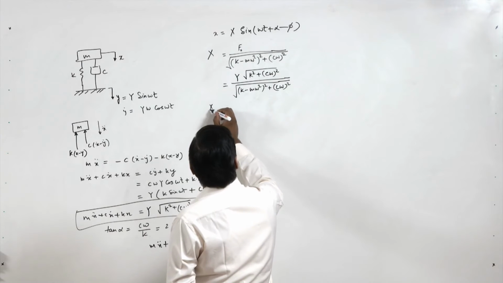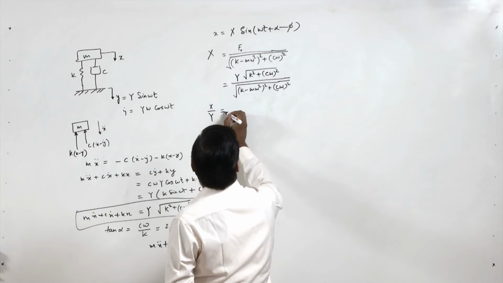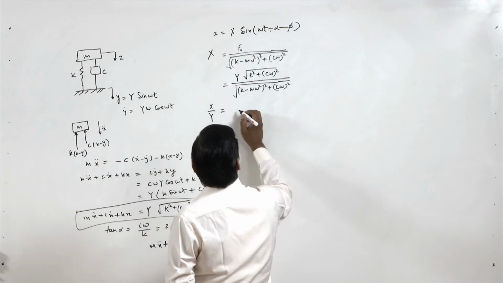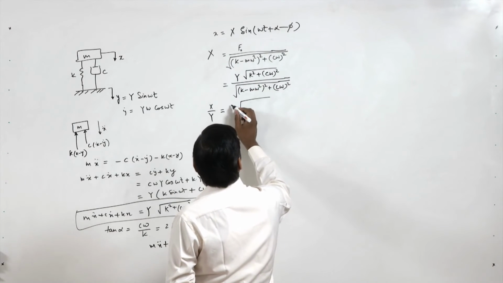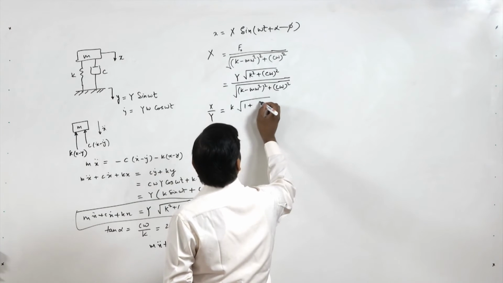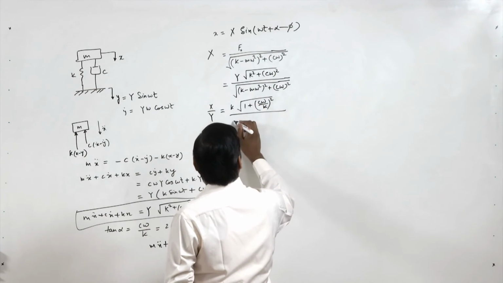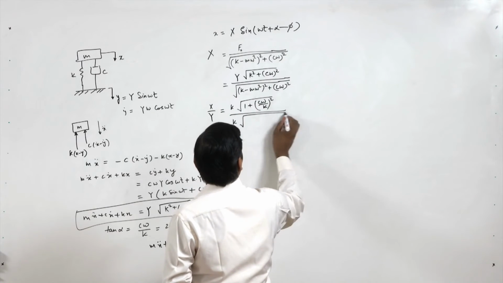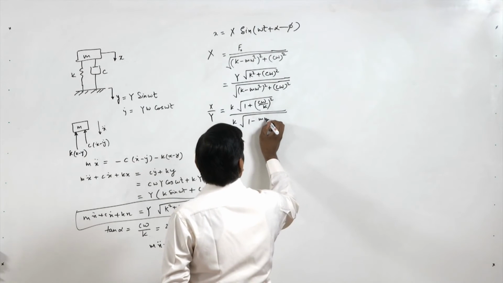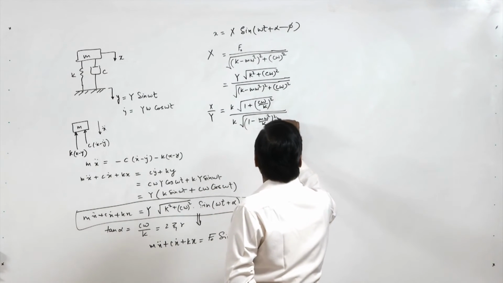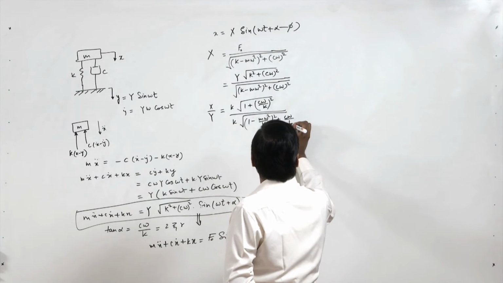So here we can write x by y equal to, take k outside, so under root here is k, 1 plus c omega by k whole square, upon, again here we can take k outside, so it is under root 1 minus m omega square by k whole square plus c omega by k whole square.